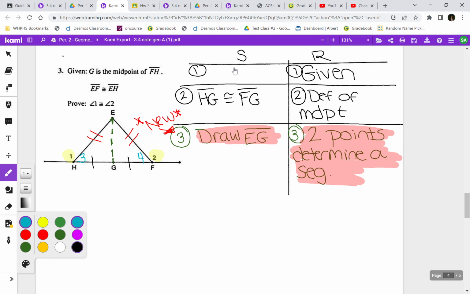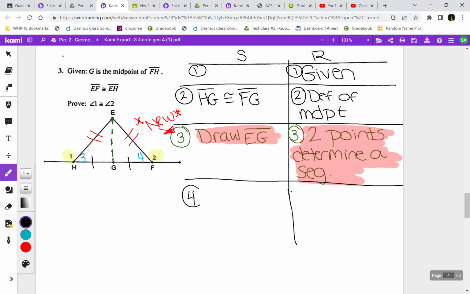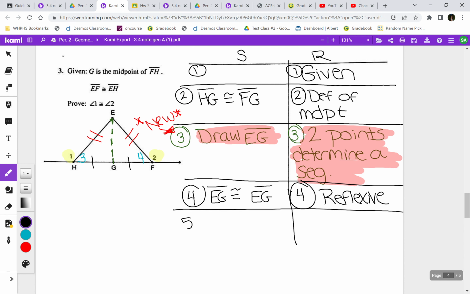I have 2 sides. What next? I have 2 sides. What do I need? Jen? You got it. EG congruent to EG, reflexive. Now I can say triangle EGH.